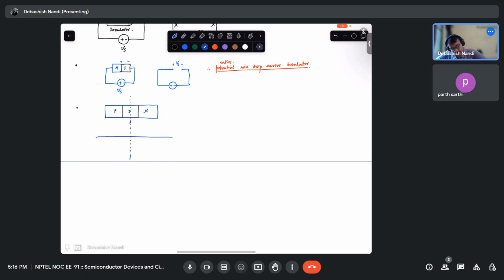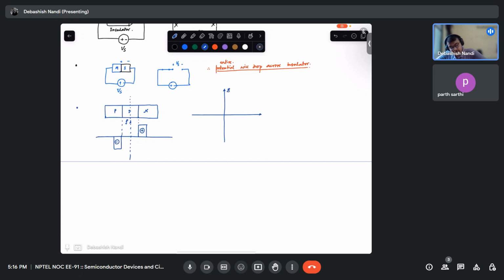Firstly, as it is the N side, around this region there will be some acceptor ions and some dopant ions. Under the depletion approximation, you will have this kind of charge profile. Okay. So how will my electric field profile look?